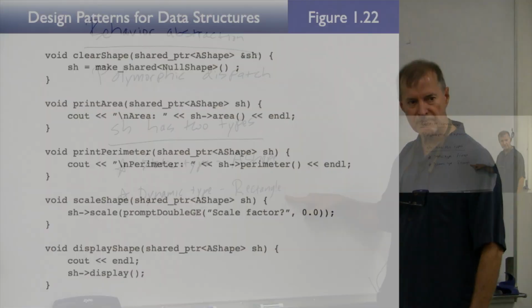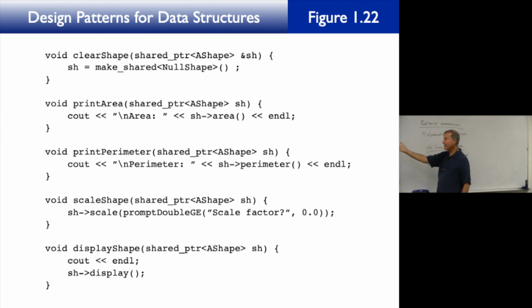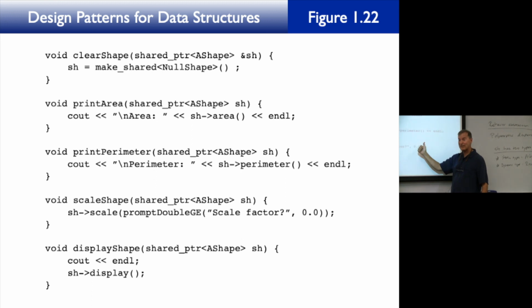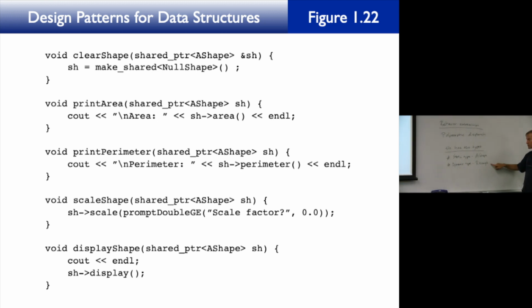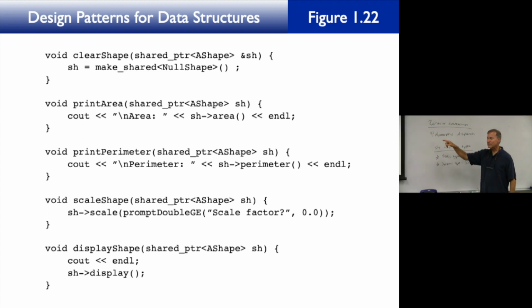Are you with me? And so what happens is, here we can say in our program SH arrow perimeter and not know which perimeter is going to be executed. Why can't we know? Because we don't know what the user is going to pick. But whatever the user picks will be the dynamic type, and the perimeter that gets executed will depend on this.